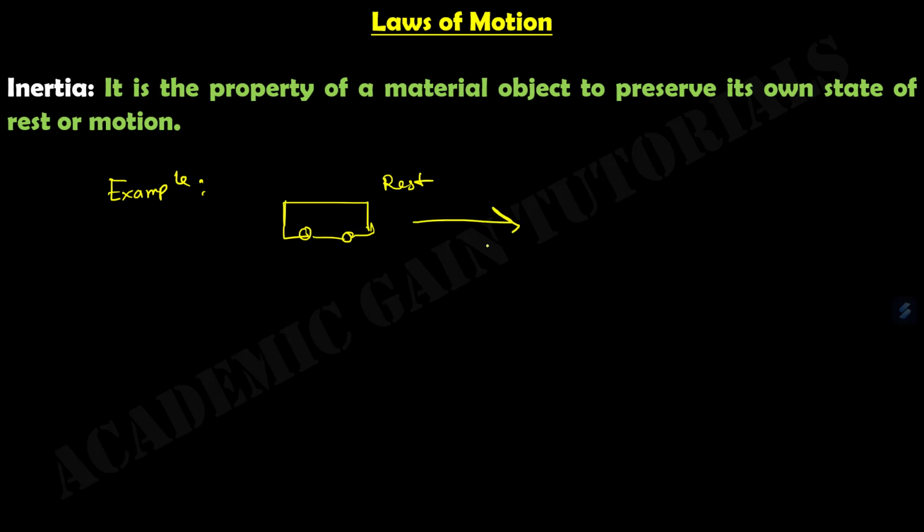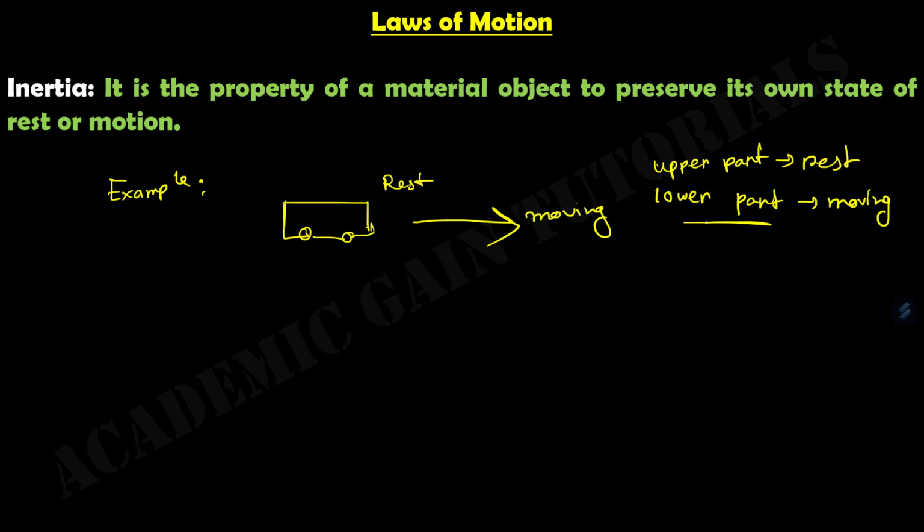When it starts moving, what happens? Our lower part of the body is moving with the bus, because our lower part is connected with the bus, but our upper part is still at rest.